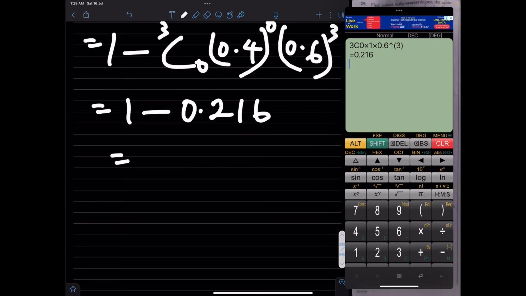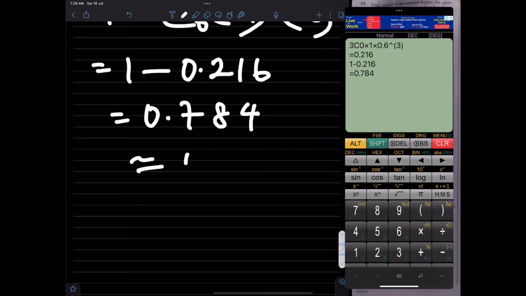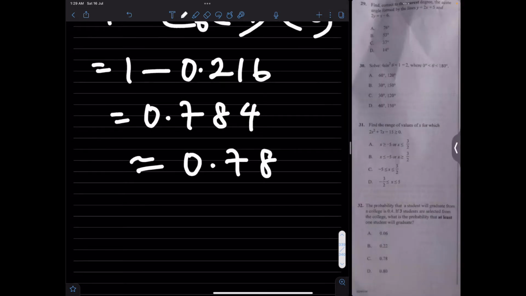And 1 minus 0.216 is equal to 0.784, which is approximately 0.78. And the correct option is C. That's the probability that at least one of them graduates.